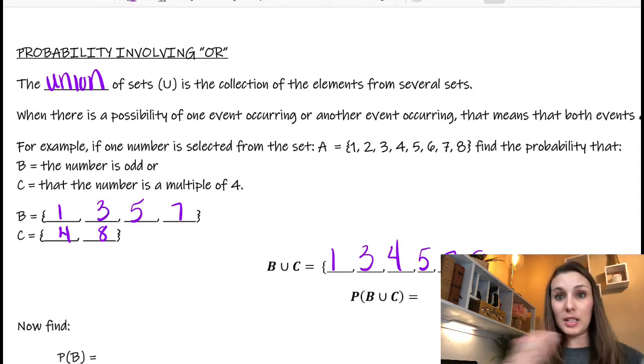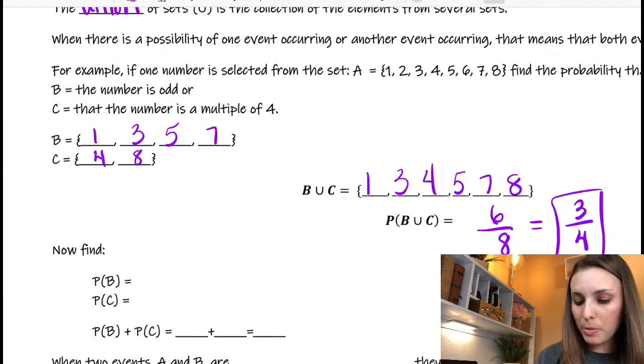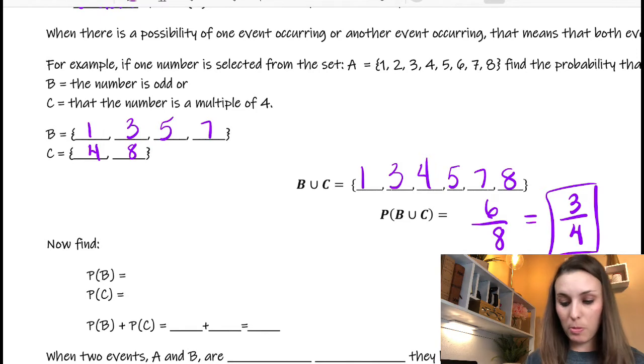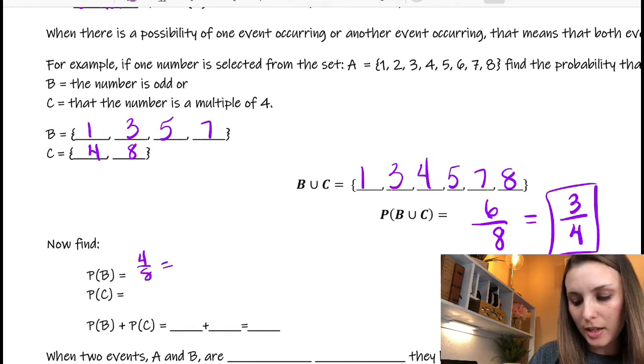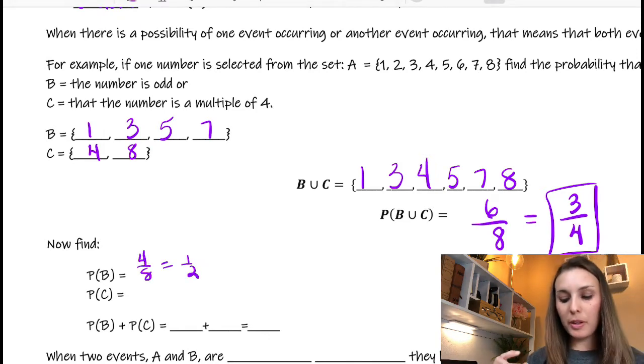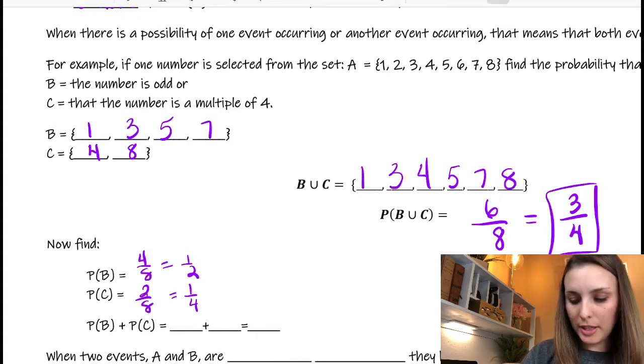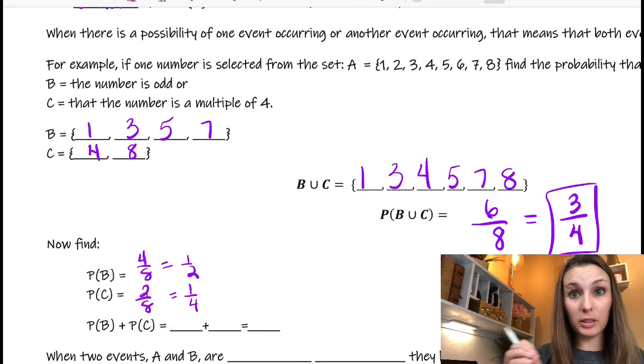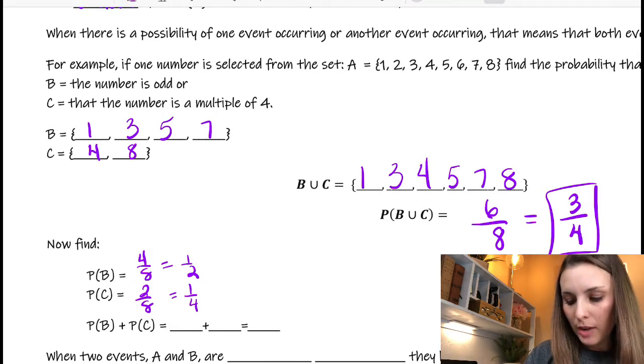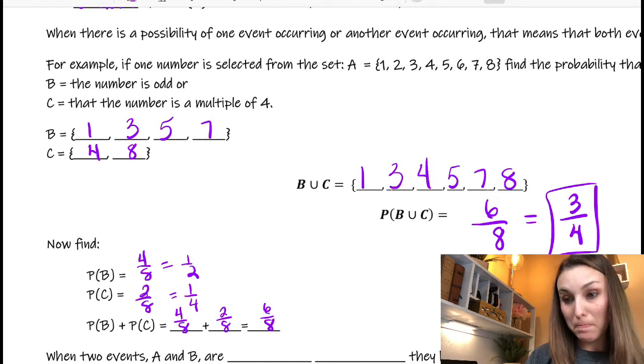Now, let's take a step to the side and look at something a little bit different. The probability of set B happening represents 4 of the 8. The probability of set C happening represents 2 of the 8. I'm going to keep the unreduced form because it'll be easier to add when they have like denominators. If I do the probability of B plus the probability of C, I get 6/8.